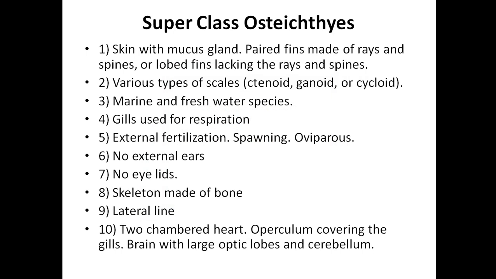So today onwards we will move on to the advanced class of these species, that is the superclass Osteichthyes or class Osteichthyes. Osteichthyes means fishes with bone. The literal meaning of Osteichthyes is fishes with bone.